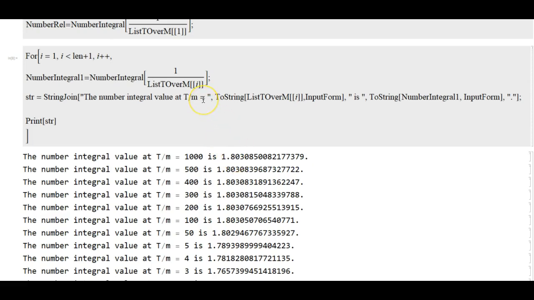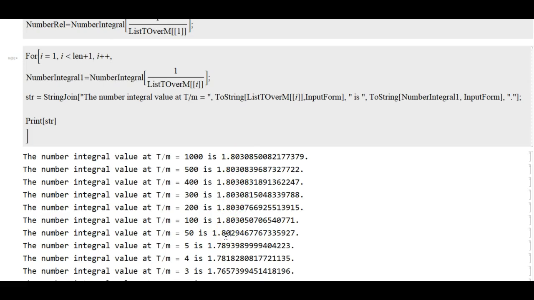There is another factor also, like a T and g over 2 pi whole cube, which is present as a constant before the integral. So this is the number integral value, 1.803. So you see that in the relativistic scenario, this integral value is almost constant. 1.803 all the way up to 100 and up to 50, you see it is almost constant.